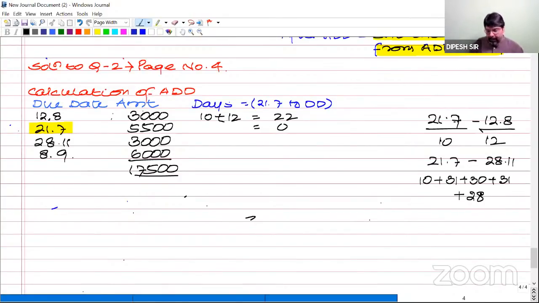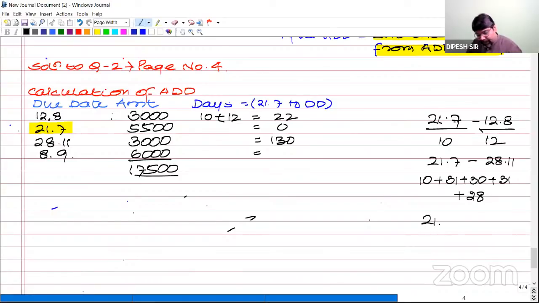So 10 plus 31 plus 30 plus 31 plus 28 is 130 days.